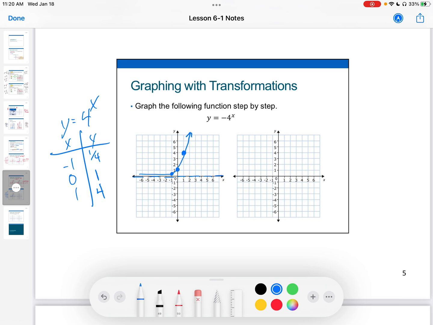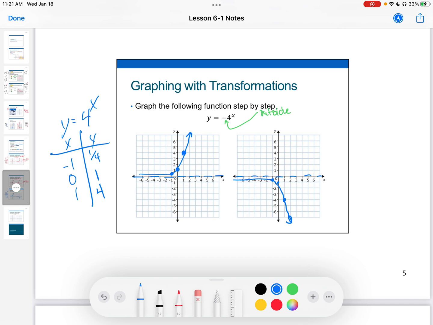Now negatives make this flip. Where is this negative at? Remember, the only way that something is on the inside is if it is up in the exponent. That negative is not up in the exponent. So this is on the outside, which means that I'm going to flip down. So instead of 1/4, I've got 1, -4. All these points flip down. Your asymptote just stays the same.